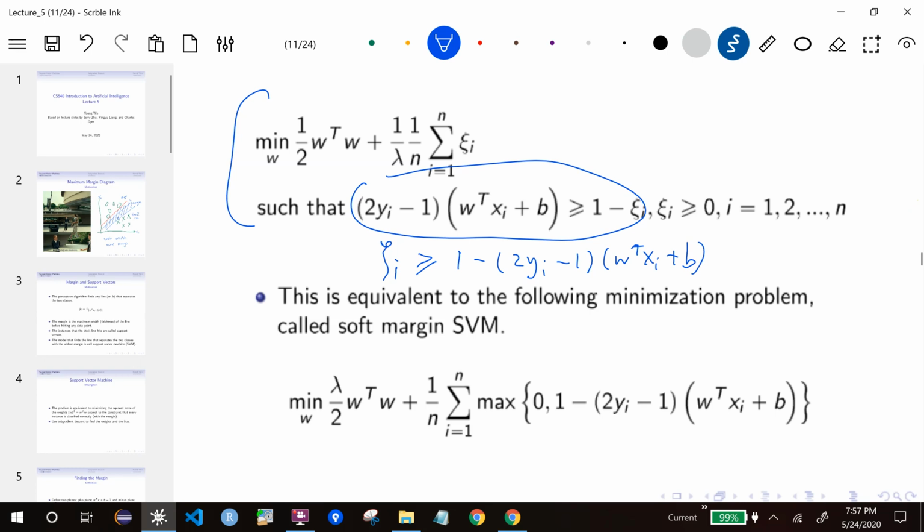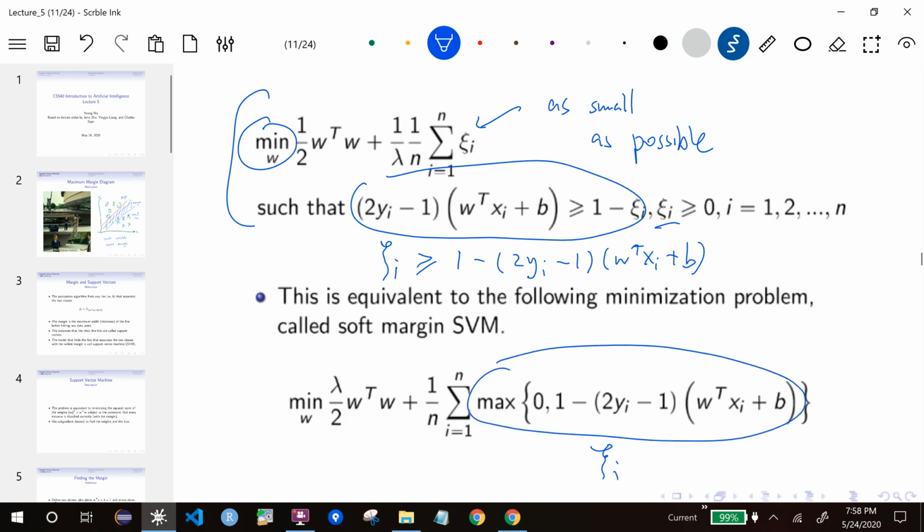And the second step is, notice we want to minimize this. The mistake being as small as possible is good, so this needs to be as small as possible. In particular, if this can be 0, we just need to make it 0. And if it's positive, we just set it equal to the minimum amount of mistake. That leads to setting psi i equal to the maximum of the two.